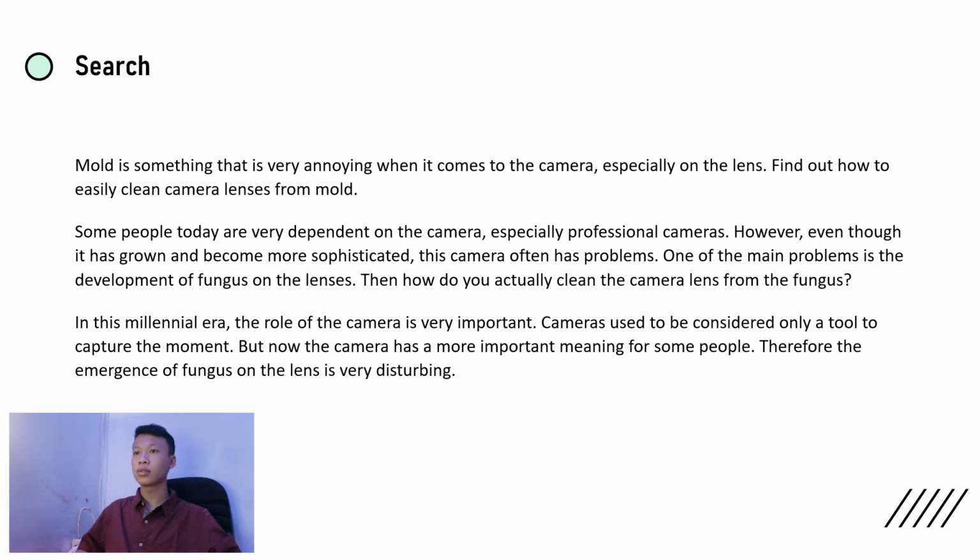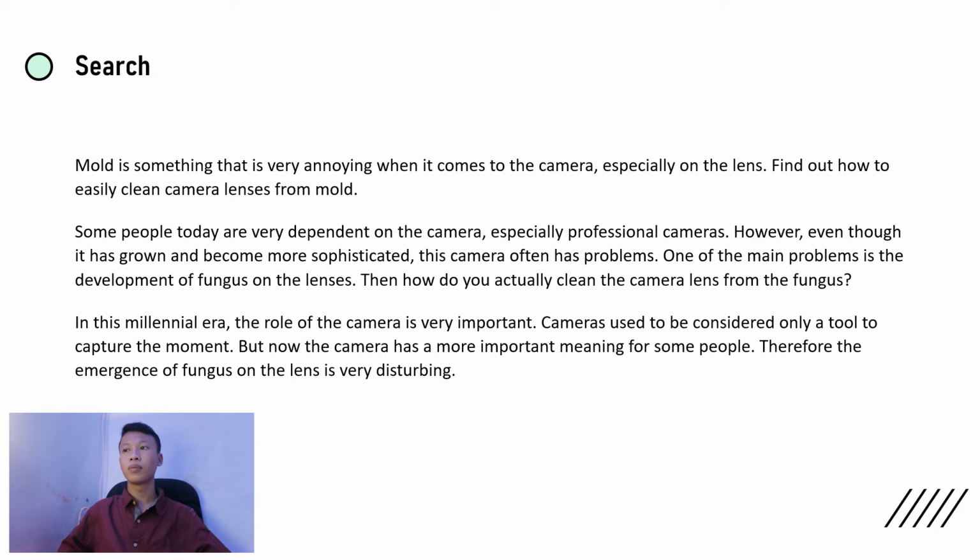However, even though it has grown and become more sophisticated, this camera often has problems. One of the main problems is the development of fungus on the lens. Then, how do you actually clean the camera lens from the fungus?